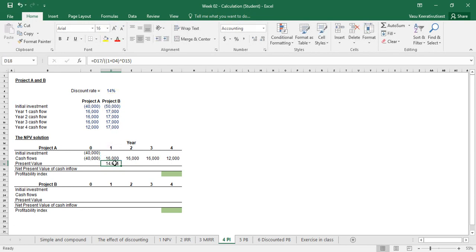Be careful, I have to press F4 for the D4. Just copy and paste the function, and then you calculate the net present value of future cash flow, which is equal to the sum of these.